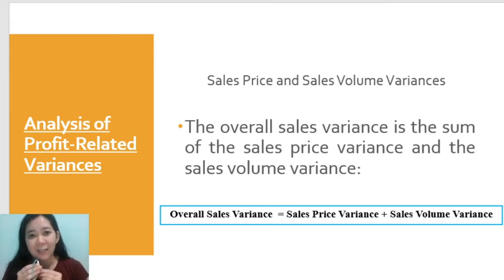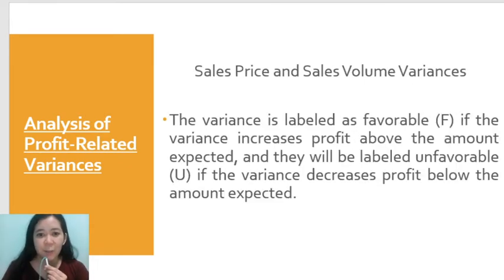Please take note, the variance is labeled as favorable, or F, if the variance will increase profit above the amount that is expected. On the other hand, it will be labeled unfavorable, or U, if the variance will decrease the profit below the amount expected.